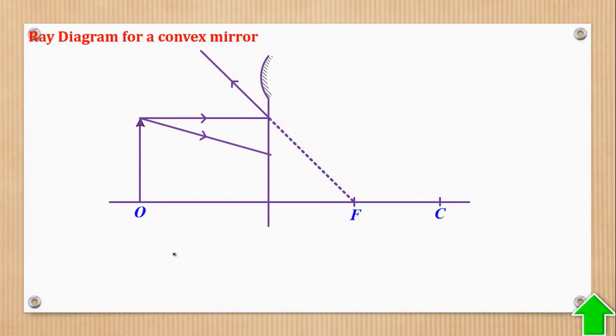So this ray appears to come from this point C, and therefore it will be reflected along its own path. And because we said as long as we get 2 rays, the intersection is the position of the image. Therefore, this is the top of the image, and it is also dotted because it is got by an apparent intersection of 2 light rays. So this image is called virtual, and it is upright. The one for the concave mirror was real and inverted.